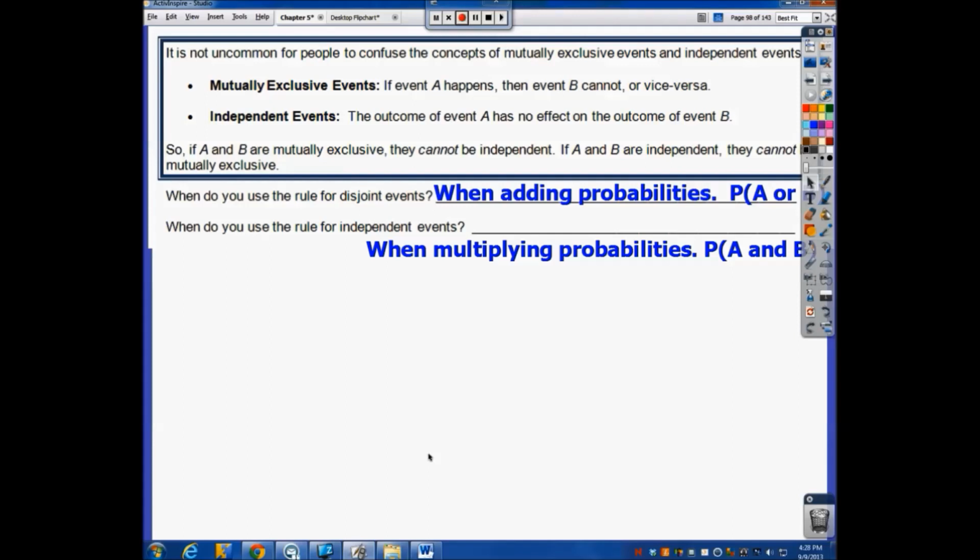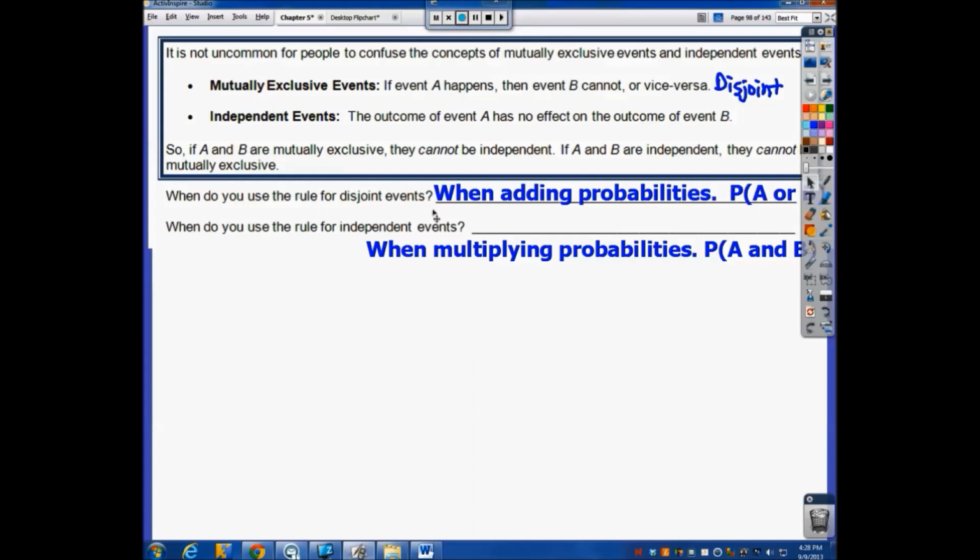Now, you might go, well, that definition for mutually exclusive sounds pretty familiar, and it should, because it's the same thing as disjoint. Okay, mutually exclusive and disjoint are really the same things here. Now, if A and B are mutually exclusive, then they cannot be independent. And if A and B are independent, they cannot be disjoint or mutually exclusive.